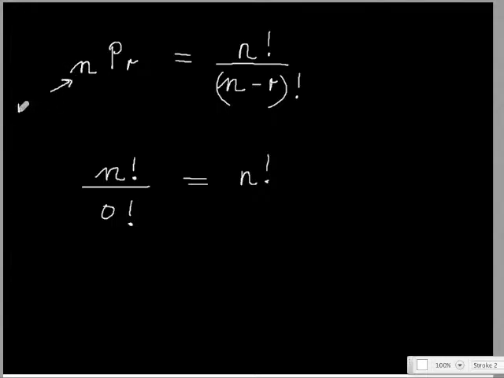This is the total. And r represents the objects that we are selecting. And the formula is n factorial divided by the difference between n and r factorial. A word of caution, n factorial over 0 factorial is not undefined, but it is n factorial.